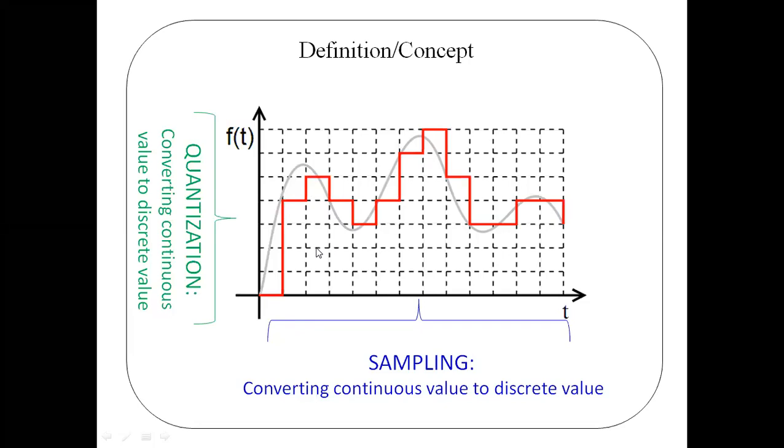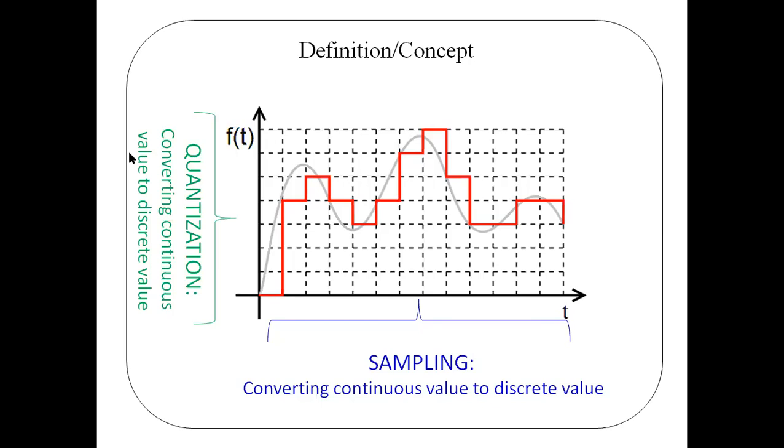So the process of selecting the point is what we call sampling. You are going to learn this further in the third year course, principle of communication. We are going to learn about sampling and quantization, which is a process of converting a signal from analog to digital.